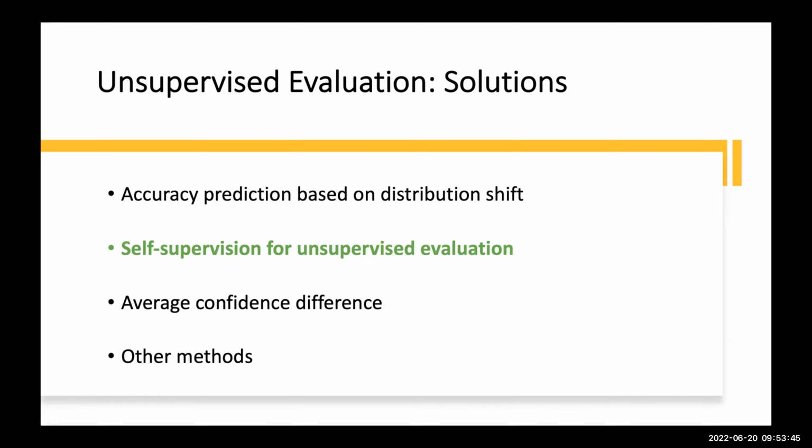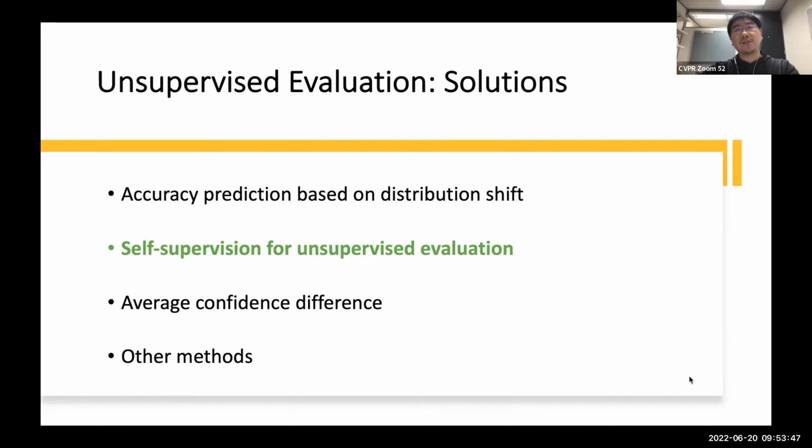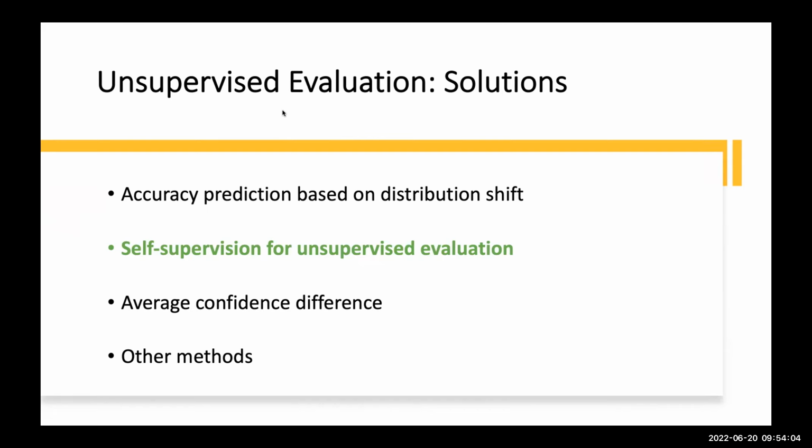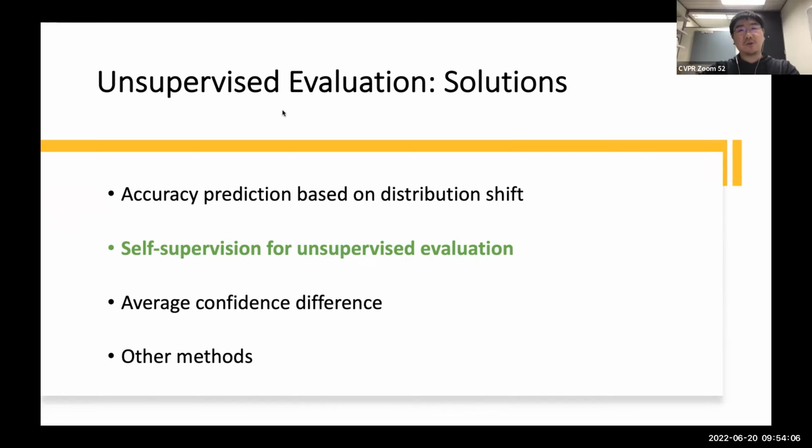Thanks for the question. We assume the test sets have the same label space as the training set. Otherwise, it becomes an open set recognition problem, which we haven't looked at yet. We are not going to talk about this open set problem. I don't think there is a viable solution for open set model evaluation without labels.